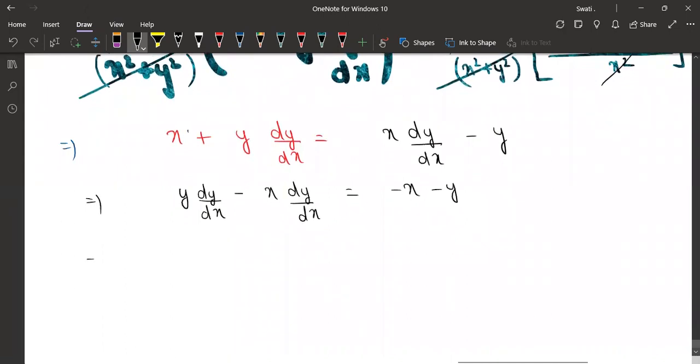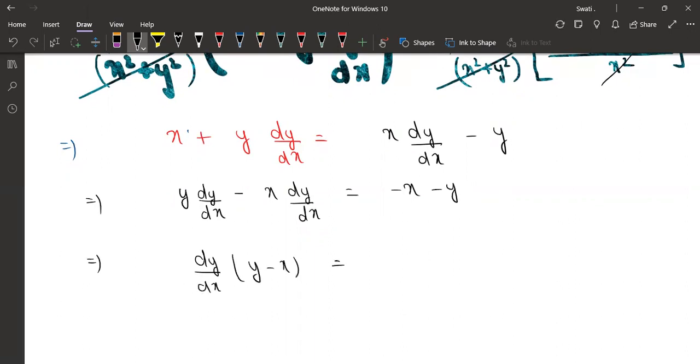Now here, because you can see in the proof, we have to prove that dy dx will be equal to x plus y upon x minus y. So what we can do here, I'll take dy dx common. So inside the bracket, we have y minus x is equal to, here I'll take minus common. So x plus y, because in the proof, you can see we have x plus y only, not minus x minus y. So what will be the value of dy dx?